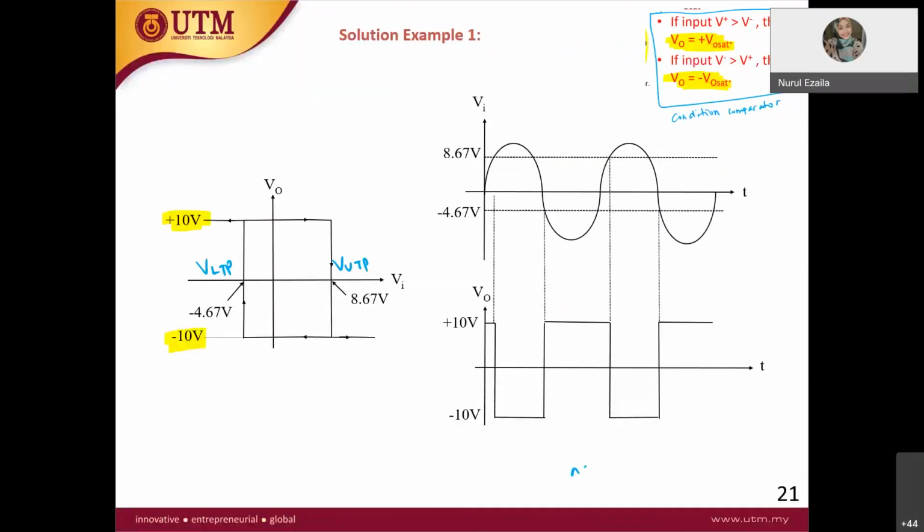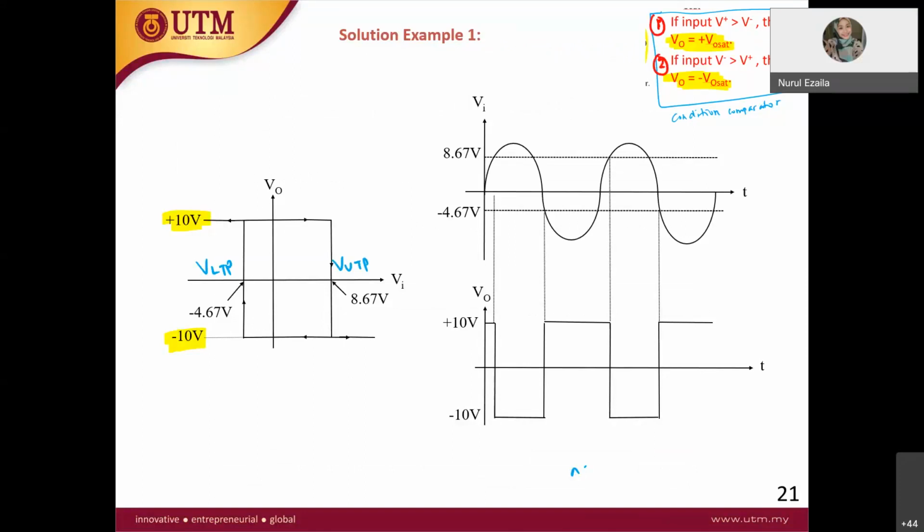So with the same condition, where V input, and so on, this is the first condition, and this is the second condition.